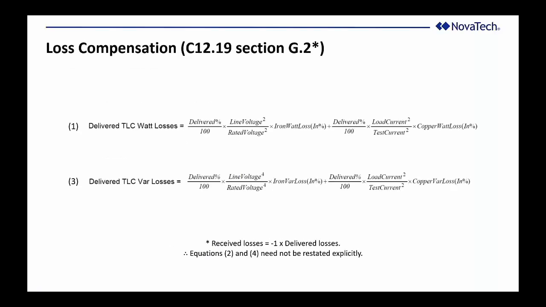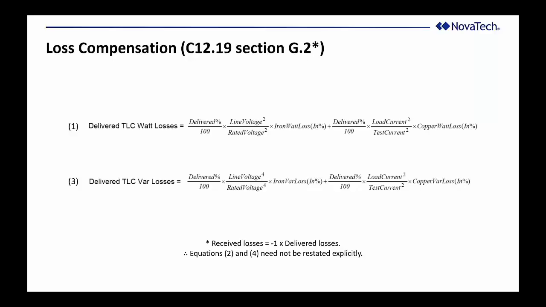So coming back to the C12.19 standard, there's a section where the agreed upon equations for delivered or received loss compensation is calculated.